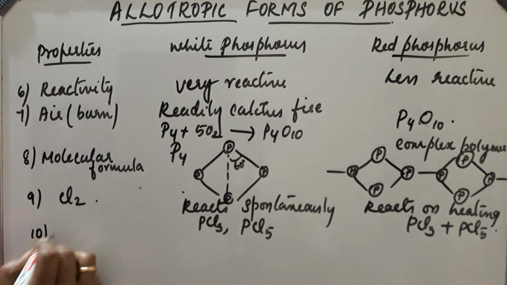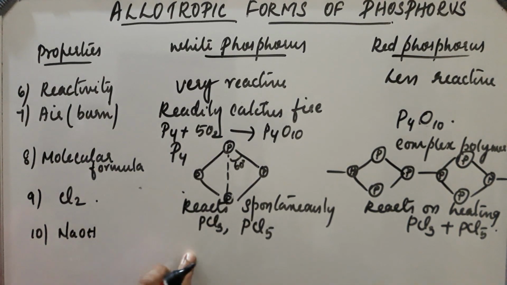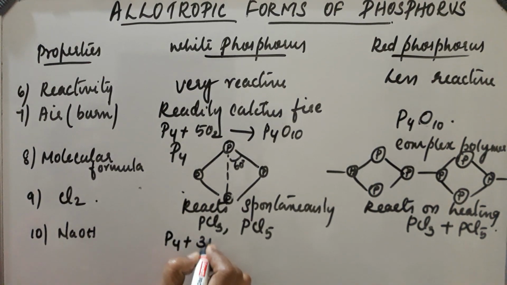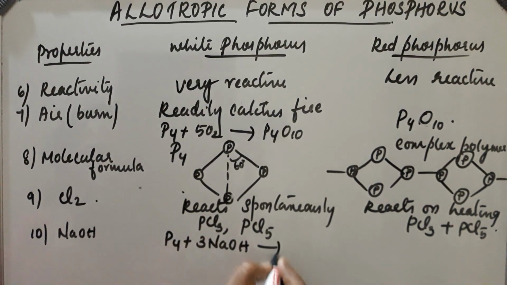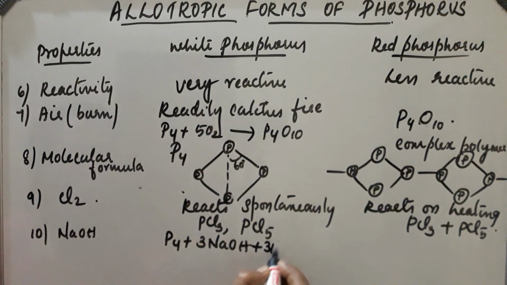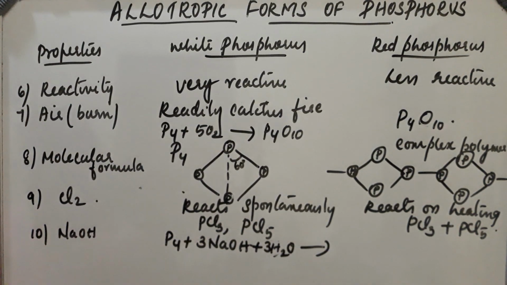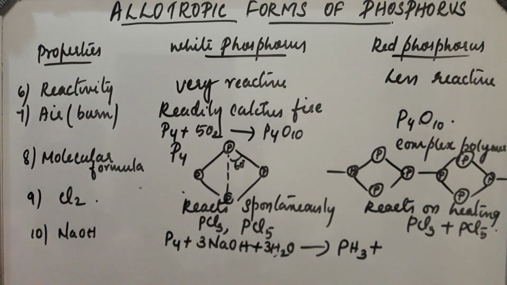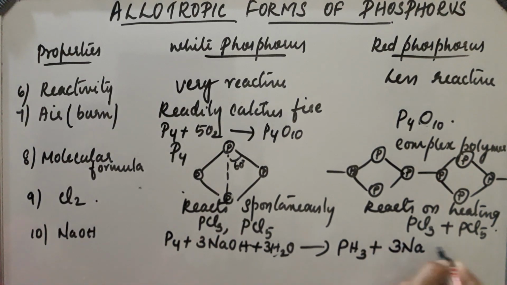The reaction is P4 plus 3NaOH plus 3H2O gives PH3, which is phosphine, plus 3NaH2PO2, sodium hypophosphite.